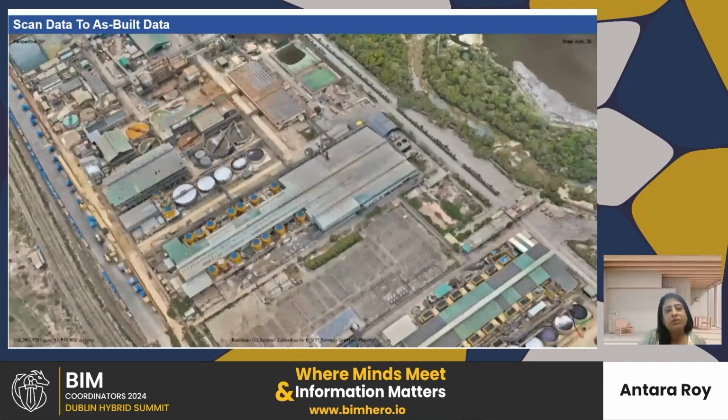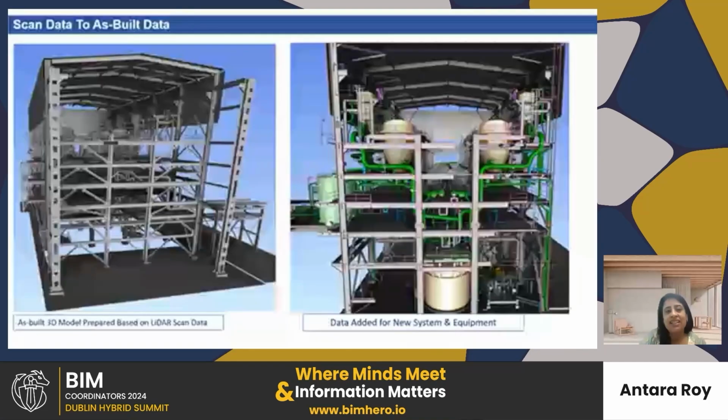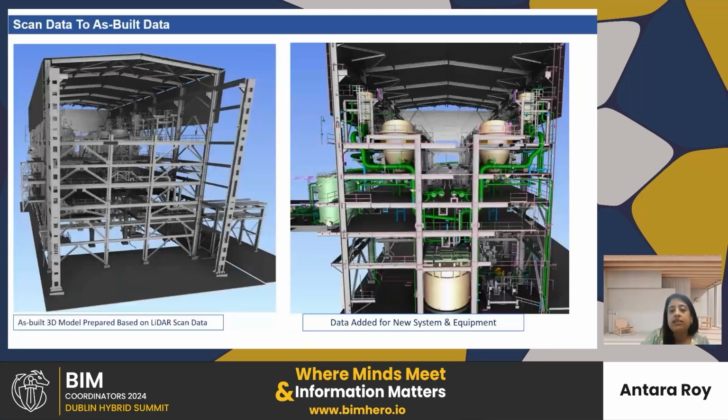This scan data is from another complicated project, where again we don't have any data, but we did a lidar scan, and based on the lidar scan we used the 3D software to create the new structures inside the existing structure without any error, zero tolerance, zero error. Based on that, we created this 3D model with all connection details.